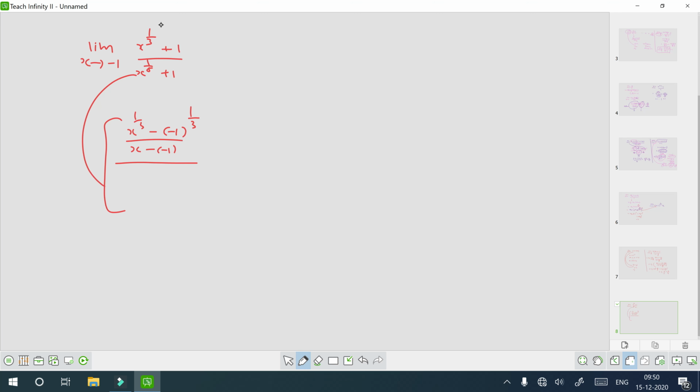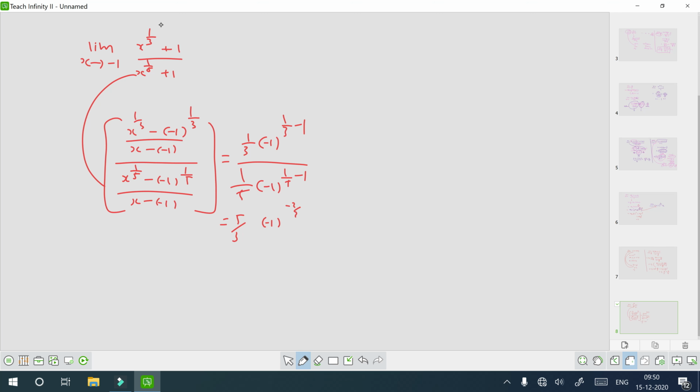Denominator quantity: x raised to 1 by 5 minus (minus 1) raised to 1 by 5, over x minus (minus 1). Clear? According to that standard form, 1 by 3 into (minus 1) raised to 1 by 3 minus 1, over 1 by 5 into (minus 1) raised to 1 by 5 minus 1. So 5 by 3 into (minus 1) raised to minus 2 by 3, over (minus 1) raised to minus 4 by 5.